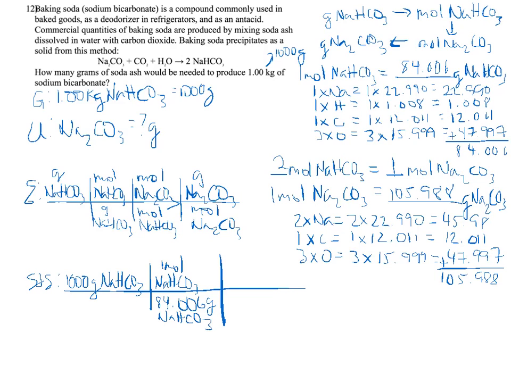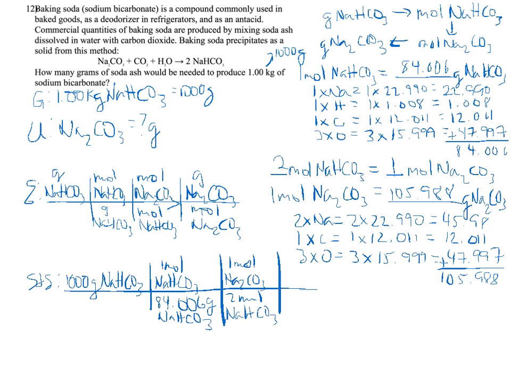And then we go for our mole to mole ratio. So that's 1 mole of Na2CO3 for 2 moles of our baking soda, NaHCO3.